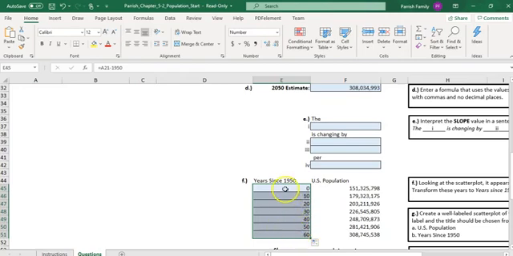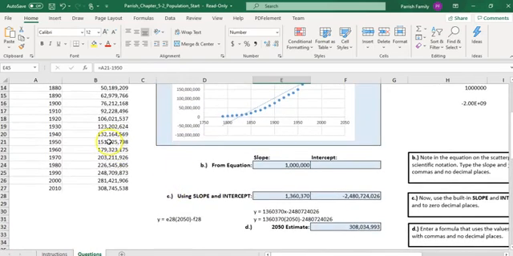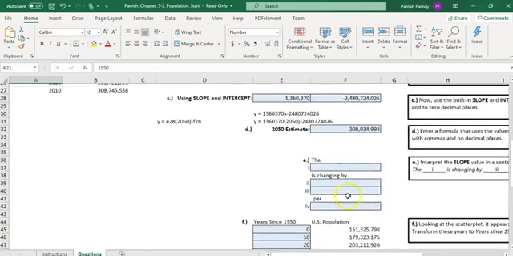So this is the number of years since 1950. The very first value we have here, 151 million, corresponds to year 1950. So how many years since 1950 would be 0? 1960 would be 10 years since 1950. 1970 would be 20 years.